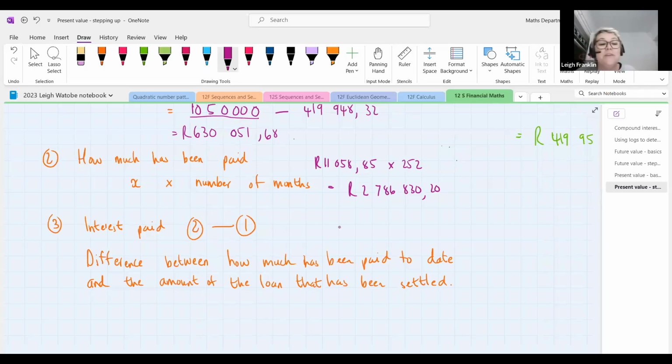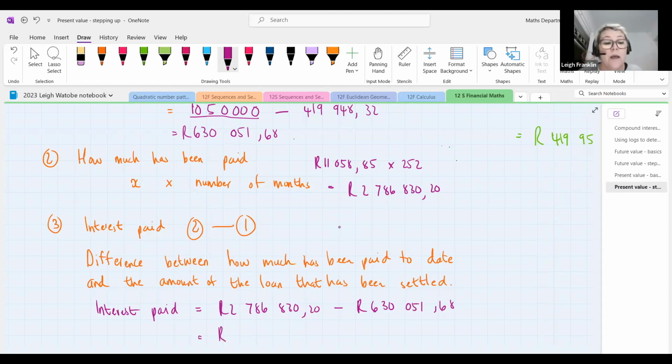So the interest that he has paid is going to be the difference between number 2, his total payments to date, 2,786,830 rand and 20 cents, minus how much of his loan he's actually settled, 630,051.68. The rest of this is interest, guys.